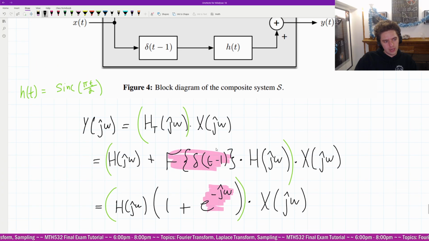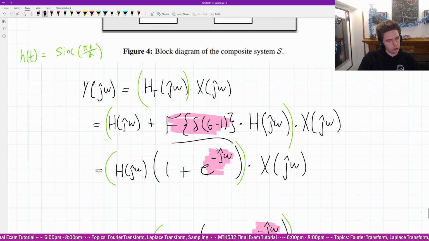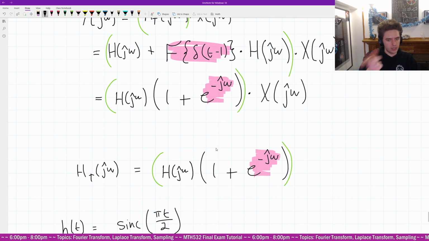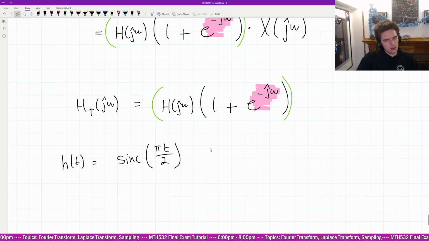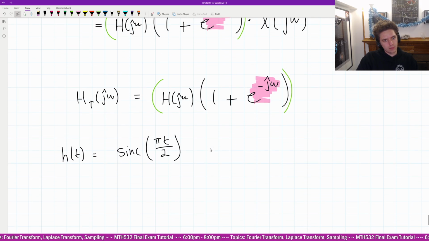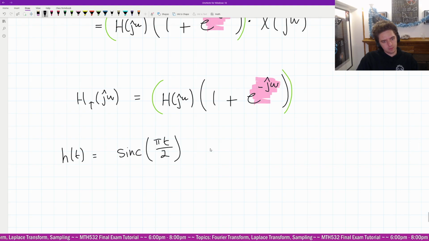Isn't the convolution of h of t with delta of t minus 1 just h of t minus 1? We're convolving in the time domain, and it should be another way to get this, because then you're just shifting it. Okay, so sinc, I'm going to get H of j omega.